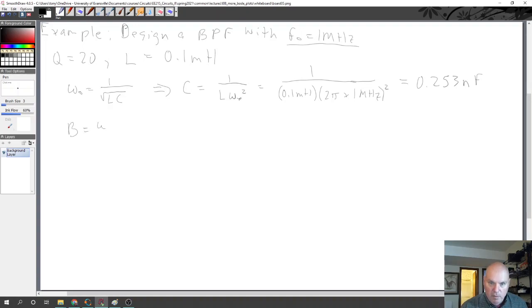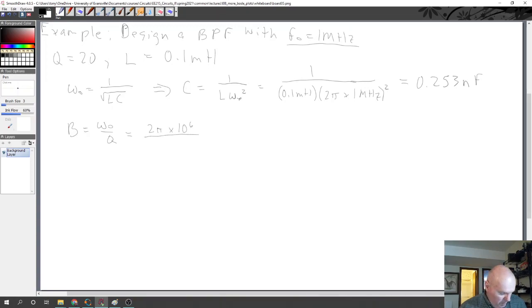And then my bandwidth is omega 0 over Q. Q is unitless, so the bandwidth will have the same units as omega 0. It may be given in hertz, in which case it would be f0 over Q, or it may be given in radians per second. Again, it's the same value. B in radians per second would be 2 pi times B in hertz. So here I know what omega 0 is.